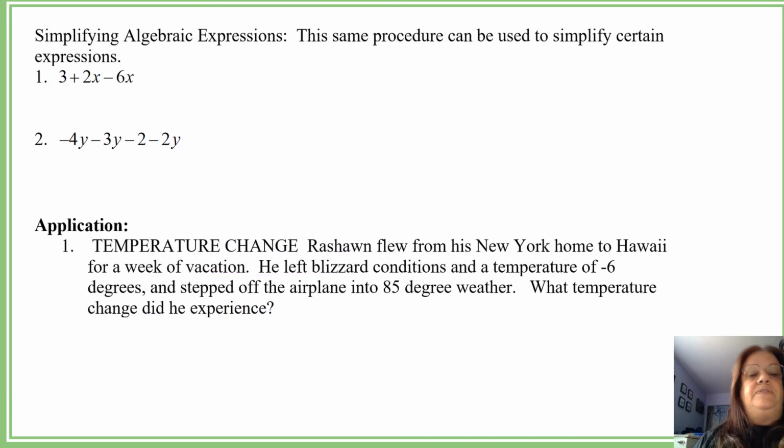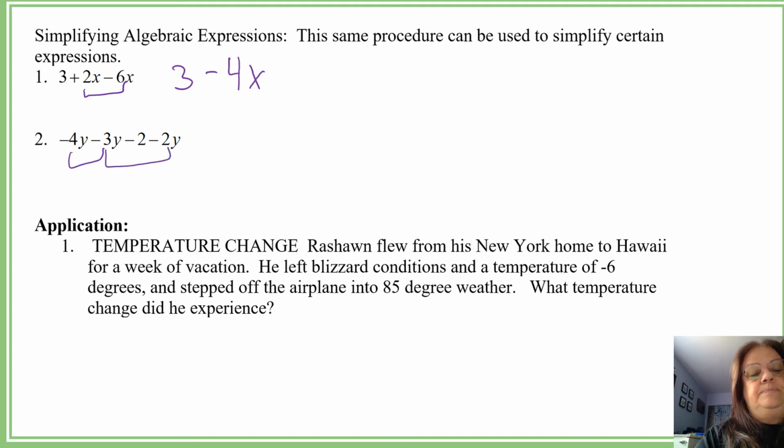All right, simplifying algebraic expressions. The same procedure can be used to simplify certain expressions. 3 plus 2x minus 6. Well, we're going to put those two together: 3, and it's a negative 4x. Okay. All right, now we're going to put all our y's together.